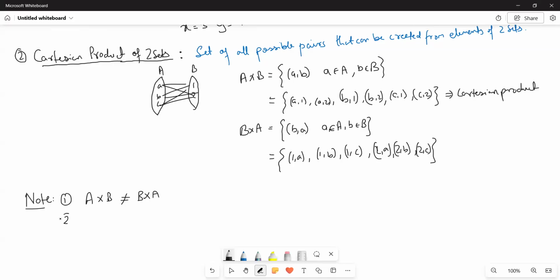Okay. Next important relation or point that you have to remember is if the number of elements in A is P and the number of elements in set B is Q, then what would be the number of elements in the Cartesian product?